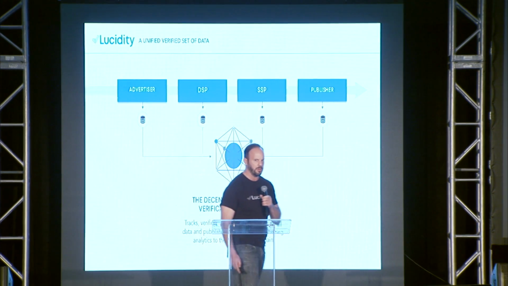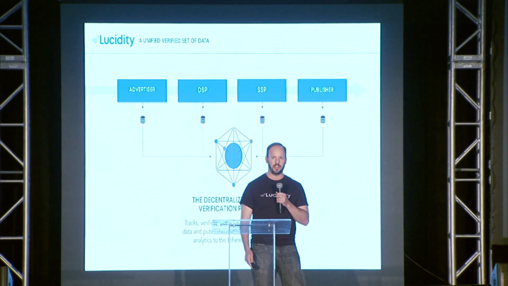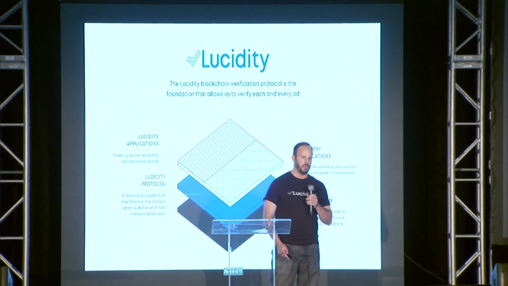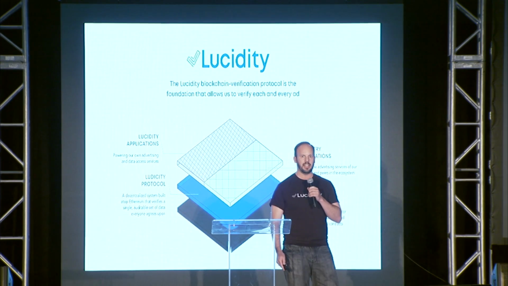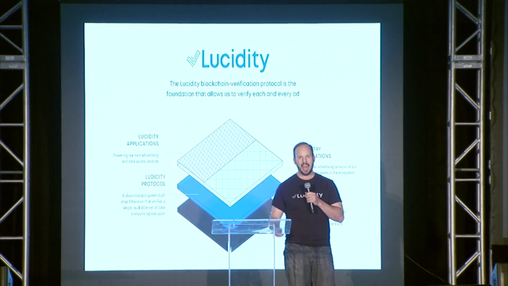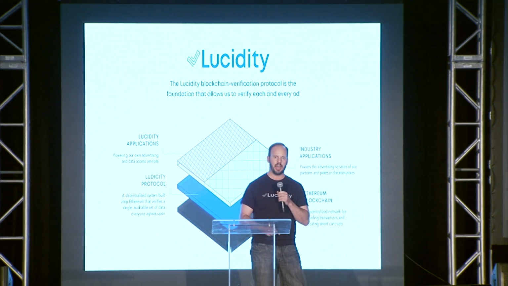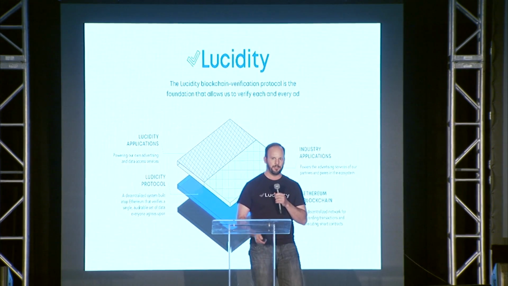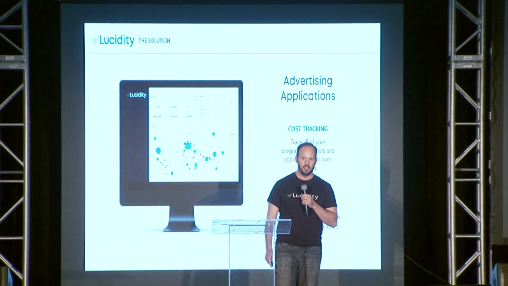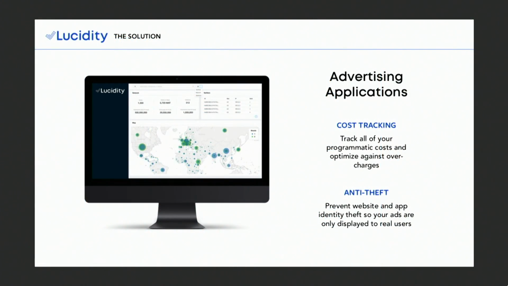This is an operational product. We are working with advertisers and technology partners today. What we have built specifically is a protocol layer on top of Ethereum, and then apps on top of that protocol. We're also inviting industry players to build apps on our protocol. Our first two applications have to do with following the money along the supply chain, which is a huge issue for advertisers.